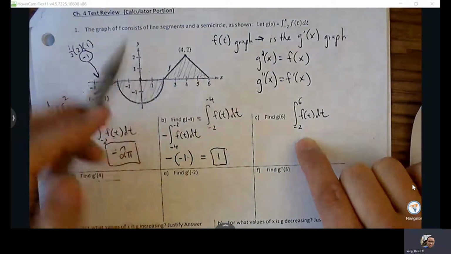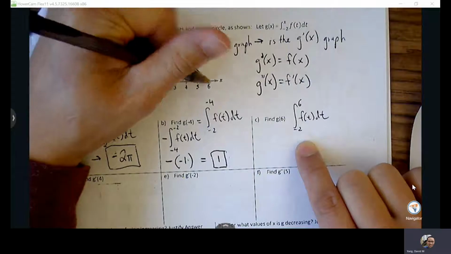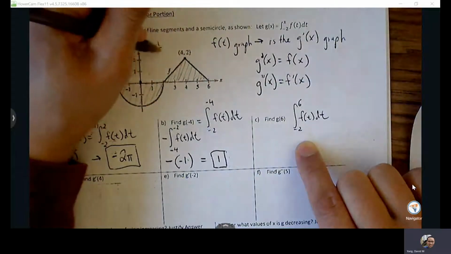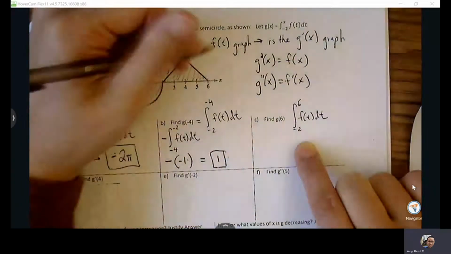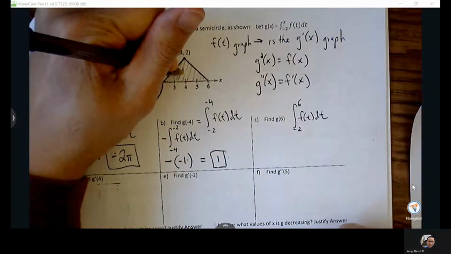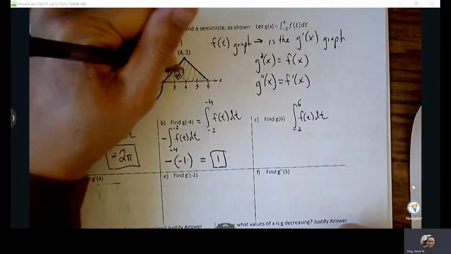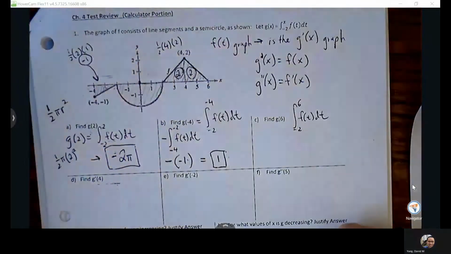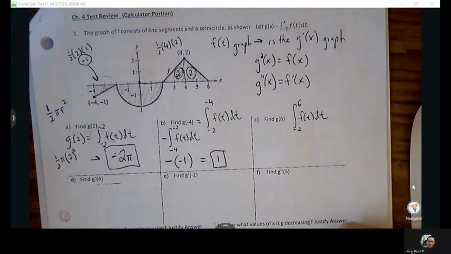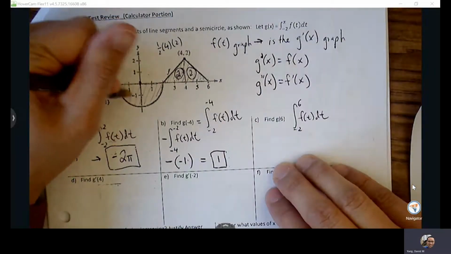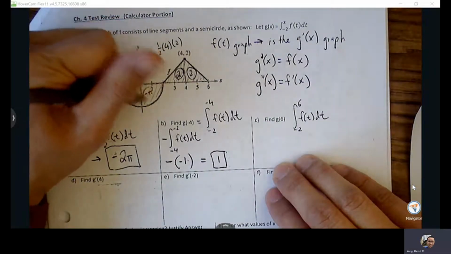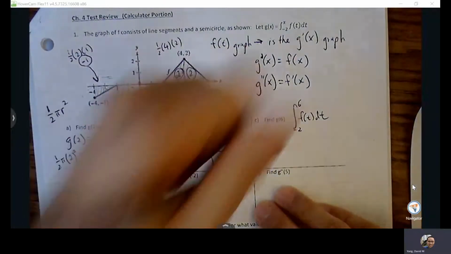And now we got to figure out this triangle here. 2, 3, 4, 1/2 base times height, which is equal to 4. Right? This is 2 and 2. -pi and -pi. So -2 pi plus 4.